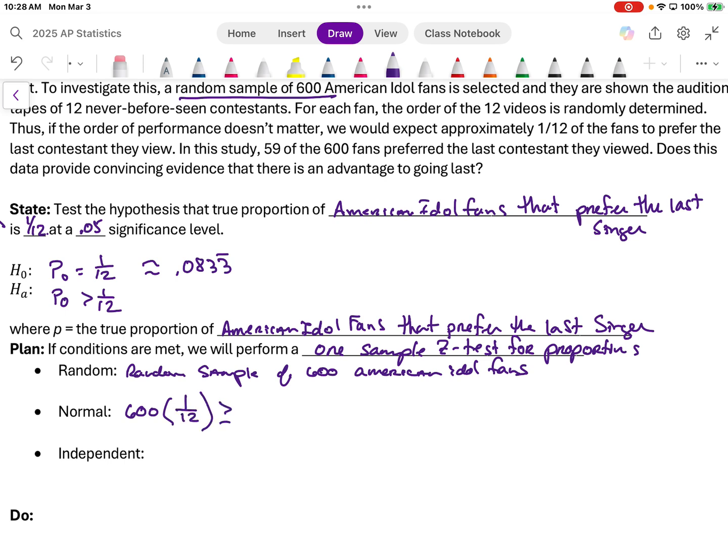Is that greater than or equal to 10? That happens to be 50, which is. Then 600 times 11/12 is 550, which is also greater than or equal to 10. So we are normal.